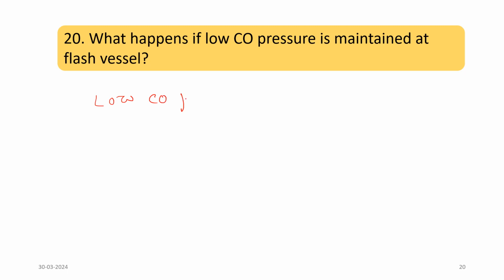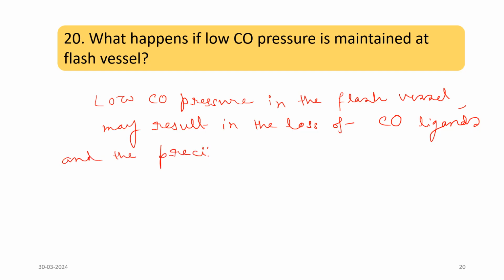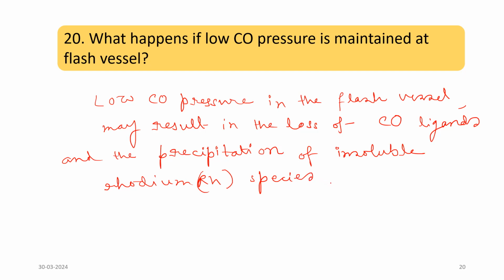So low carbon monoxide pressure in the flash vessel may result in the loss of carbon monoxide ligands and the precipitation of insoluble rhodium species such as RhI3.